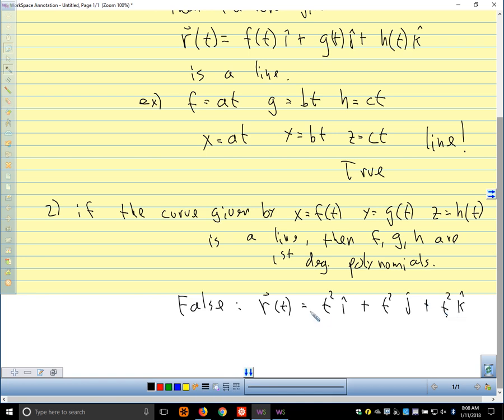If we relate the components, x equals y equals z. That's symmetric equations for a line. So this curve would be a line. So if we have any vector valued function where we have the same function for each component, we're going to get a line. So that would be false.